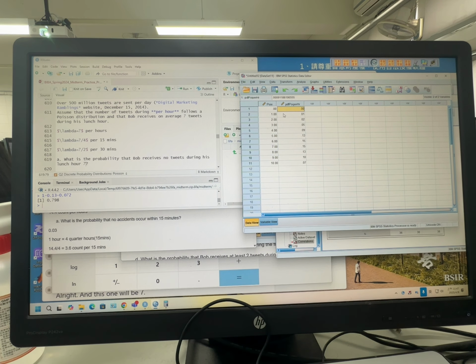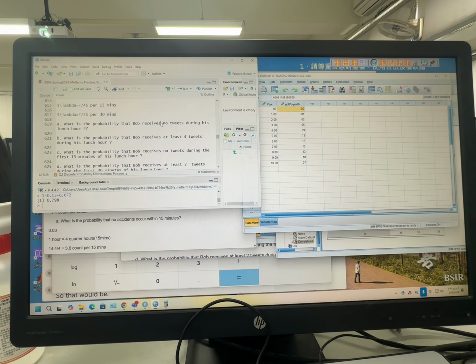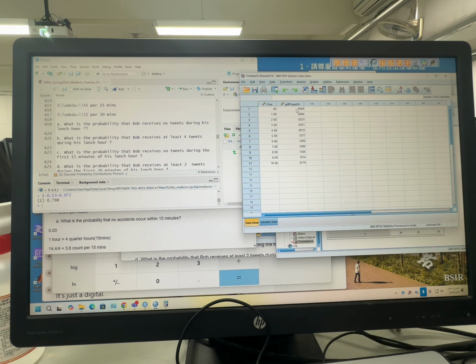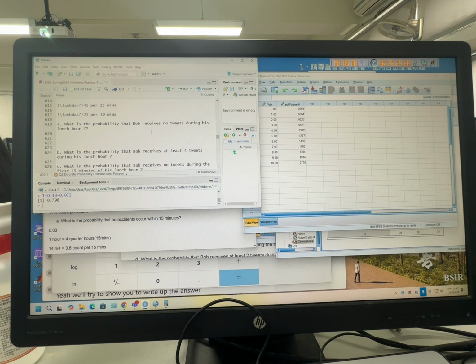So that would be no tweak equal to 0. It does give you some probability, it's just the digits are not enough. If you do 4 digits, it gets you 0.0009. So the probability X equal to 0 and the lambda equal to 7 is equal to 0.0009. That's the question we tried to do.